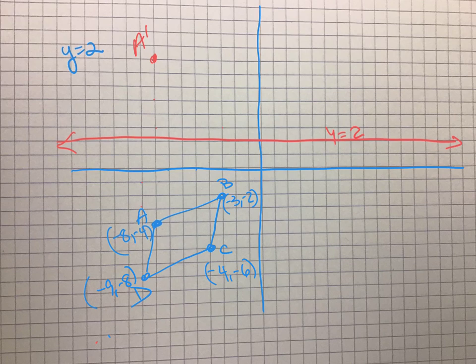Got it? My B, how far below the red line is B? 4. 4, so you go 4 above the red line. That would be your B prime. C, how far? So you go 1, 2, 3, 4, 5, 6, 7, 8.